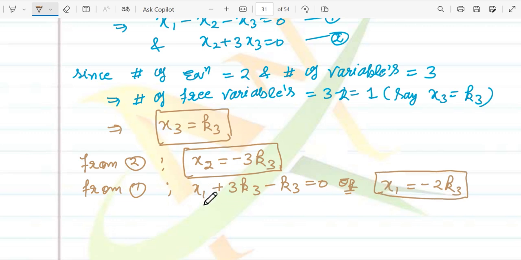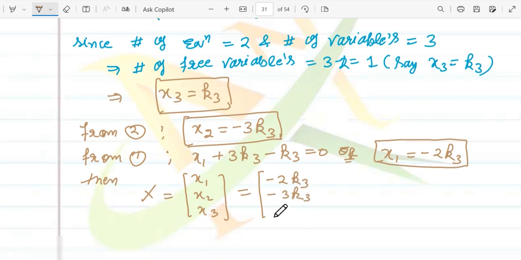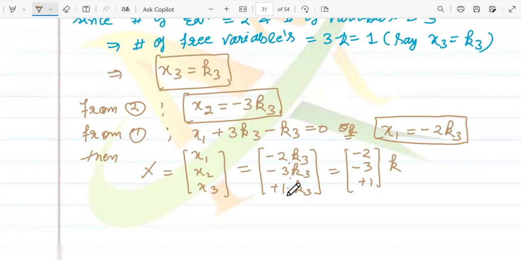Then x, that is x1 x2 x3, is equal to negative 2 k3, negative 3 k3, and plus 1 into k3. This implies negative 2, negative 3 and plus 1 times k3.